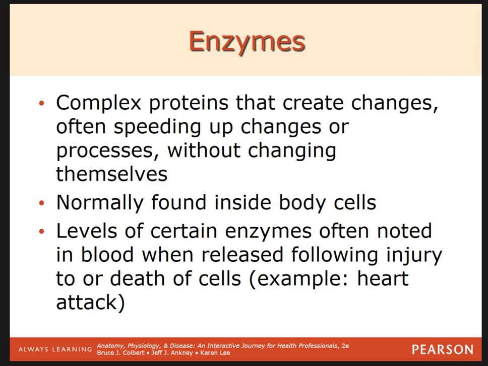So a catalyst in a reaction can increase the rate of the reaction without actually being part of the reaction. Enzymes are normally found inside of body cells, and then when there's tissue injury or cell injury, then it can sometimes change the levels of those enzymes. So those certain enzymes can be noted in blood or released following the injury or death to a cell, like in a heart attack.